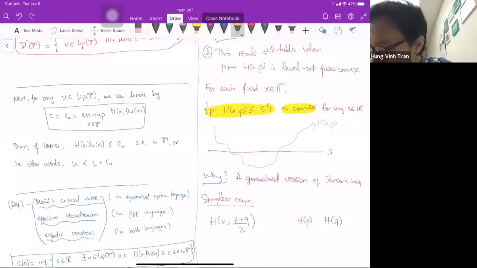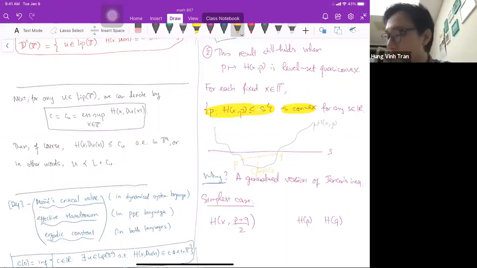If I take this one to be p, this one to be q, this is maybe not a very good representative picture. Fine, whatever. The key thing here is that the sub-level set of h is always convex. So if I take p and q in the sub-level set S, then surely (p plus q) over 2 is also in the sub-level set S, right?